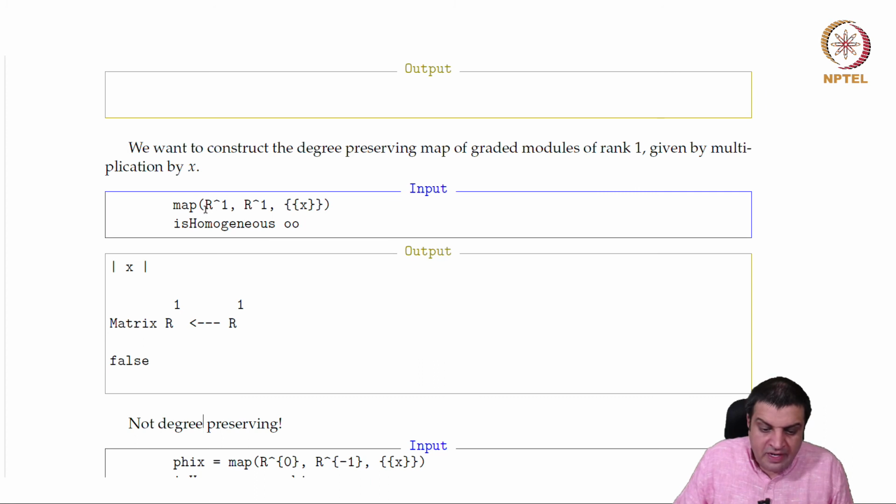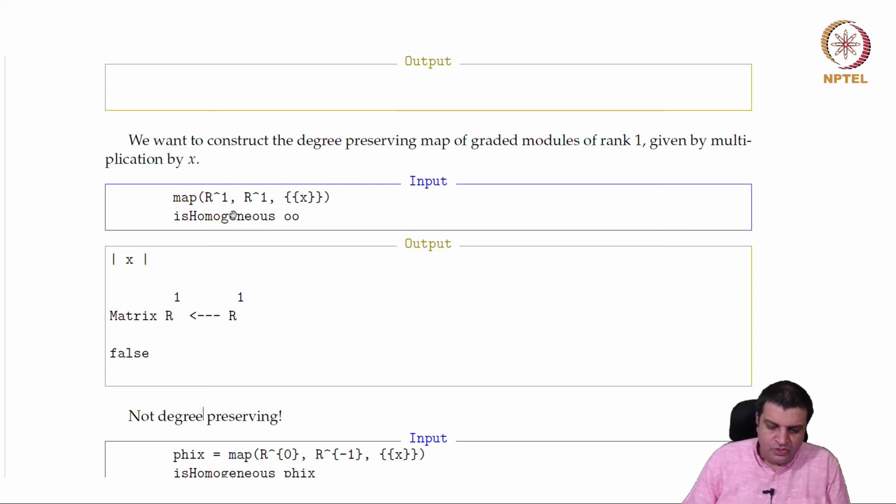So now we define a map from rank 1 R module to rank 1 R module, multiplication by X. And we ask, is it homogeneous of degree 0? And it says it's false. Okay. And the reason is, both generators in both these modules, basis elements have degree 0, and hence multiplication by X won't preserve degree. It's just saying it's not a homogeneous map.